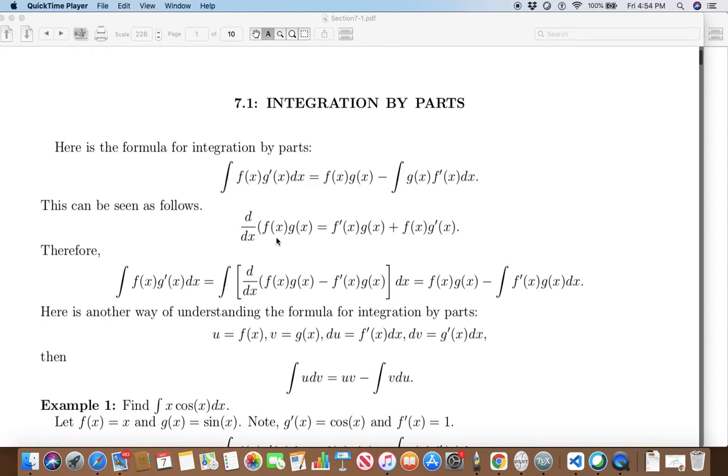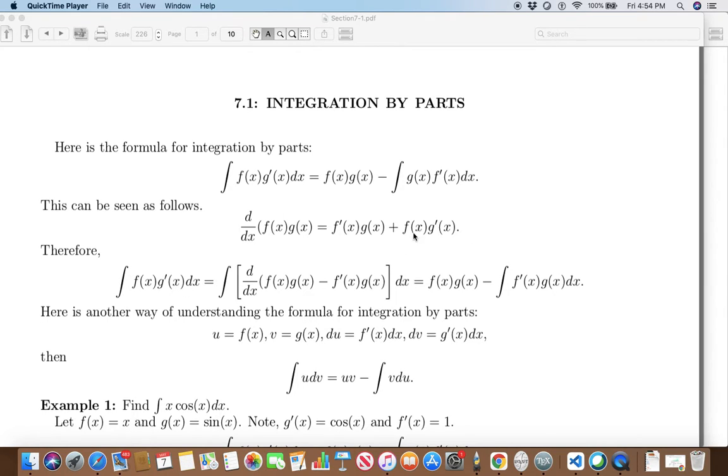Suppose I take the derivative of f(x) times g(x). By the product rule, it is the derivative of the first factor times the second factor as it is, plus the first factor as it is times the derivative of the second factor. You notice how g prime x is what you're looking for.